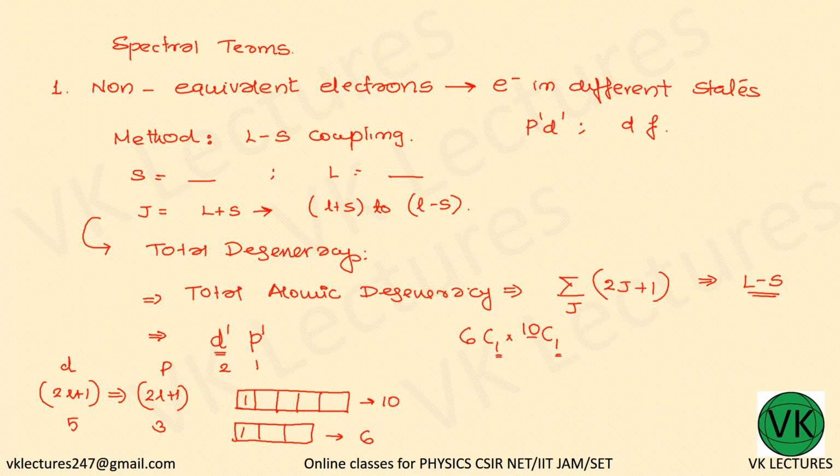So this gives you 6 times 10, which is 60. What is nCr? It is equal to n factorial divided by (n minus r) factorial times r factorial.